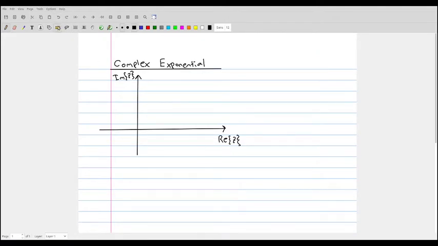So for any complex number, we can write that complex number as its real part plus I, where I is the square root of -1, times its imaginary part.